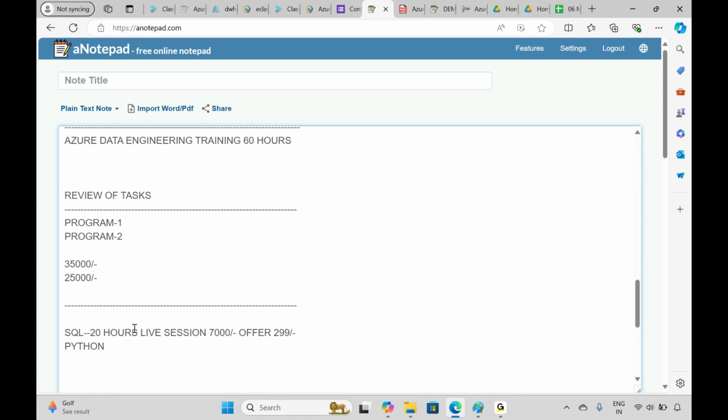I'm going to take these SQL Server classes as well. And for Python for data analysis and data engineers, anybody who wants to learn this skill as well, this is also a 7,000 rupees worth course, with 25 hours of live sessions.